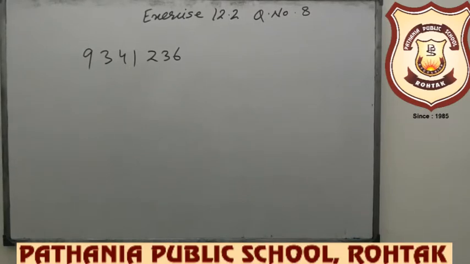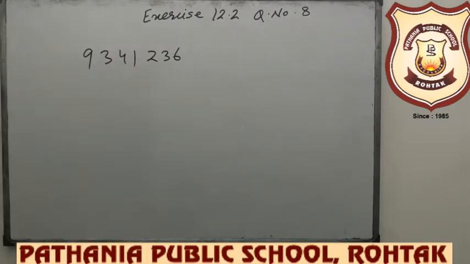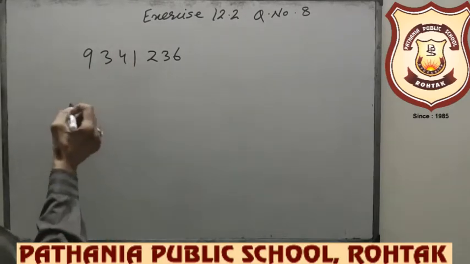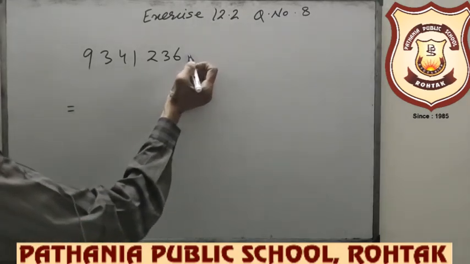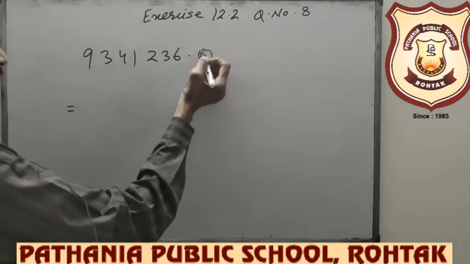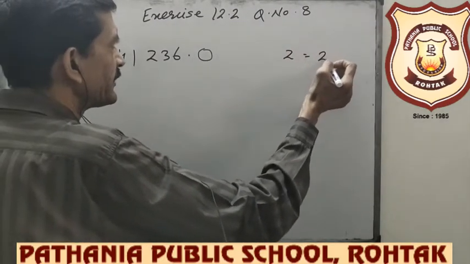Question number 8, beta, we have to write this number in power notation. Power notation means standard form. Write this in standard form, because decimal is there. After 6 you can write 0.0, just like 2 can be written as 2.0.